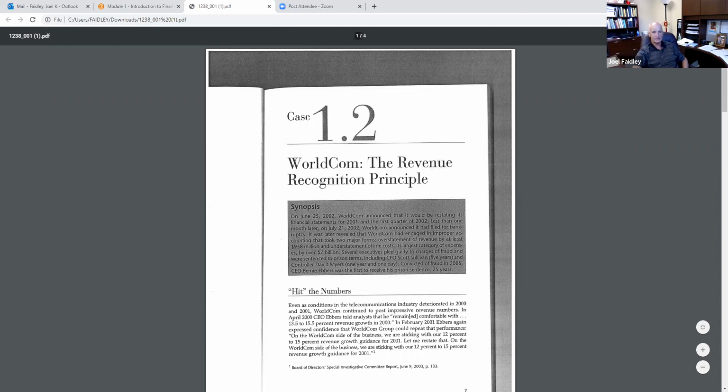It changed in the sense that there's what's called performance obligations, but in essence, the whole revenue recognition process is not that much different from what it used to be.